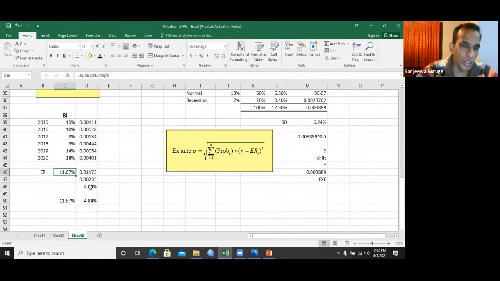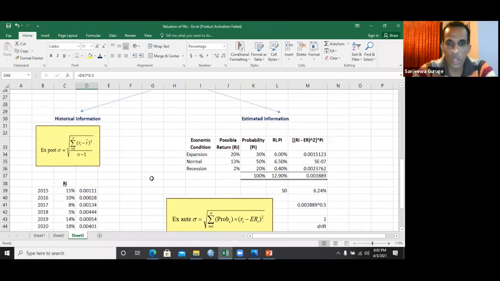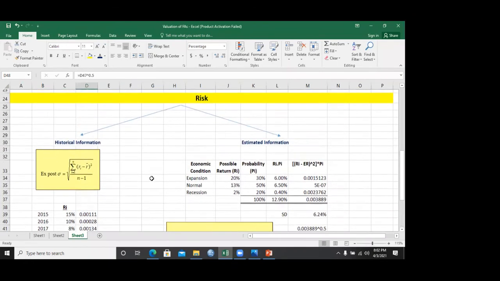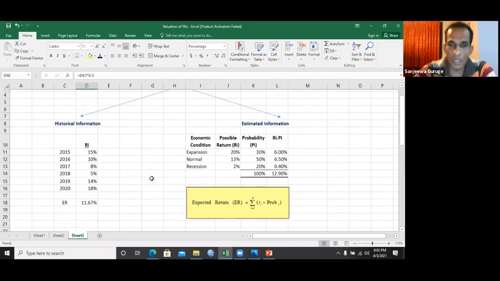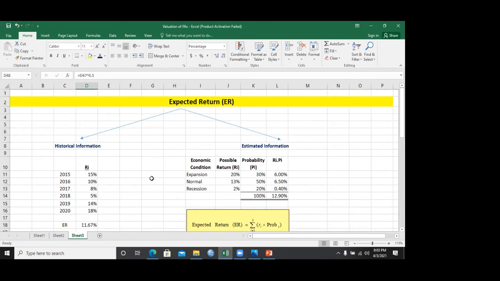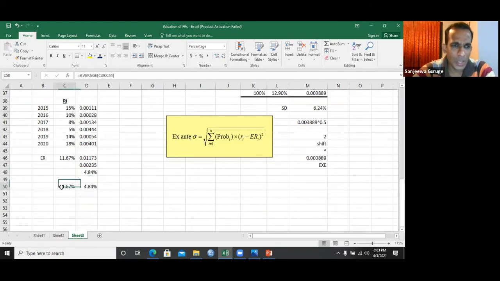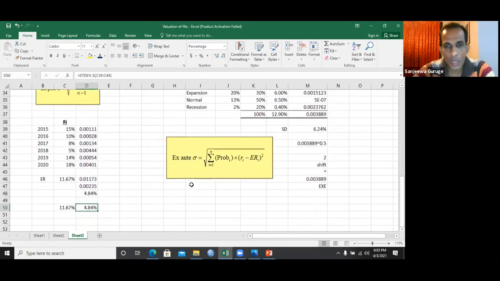But this is using the formula. You can see the formula that can be used. But in the exam, since you don't get the opportunity to use Excel, right? Otherwise, using Excel, the calculations are very easy.